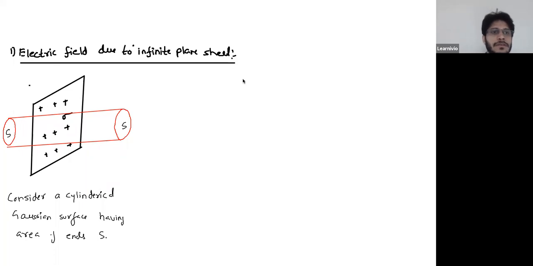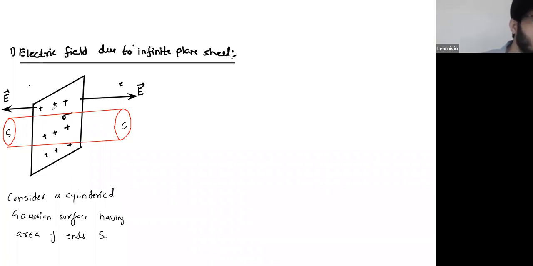This sheet will generate electric field in this direction as well as in this direction. The direction of the field is away from the charge. So this sheet will generate electric field to the right hand side as well as to the left hand side. So the first step of the calculation is, using this electric field, you are supposed to calculate the flux through the cylinder.